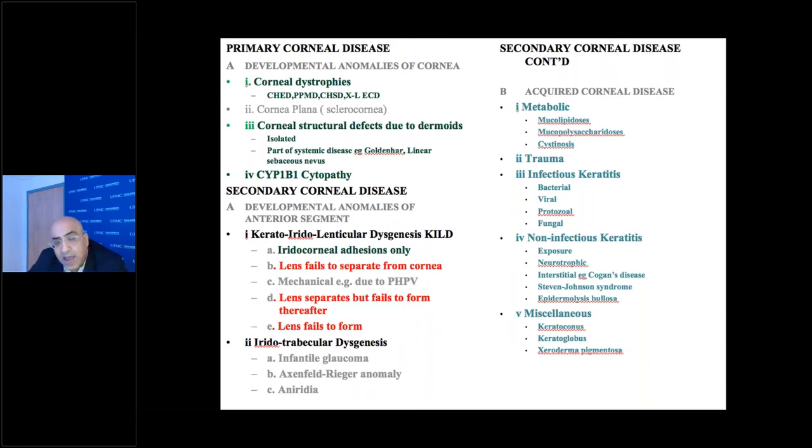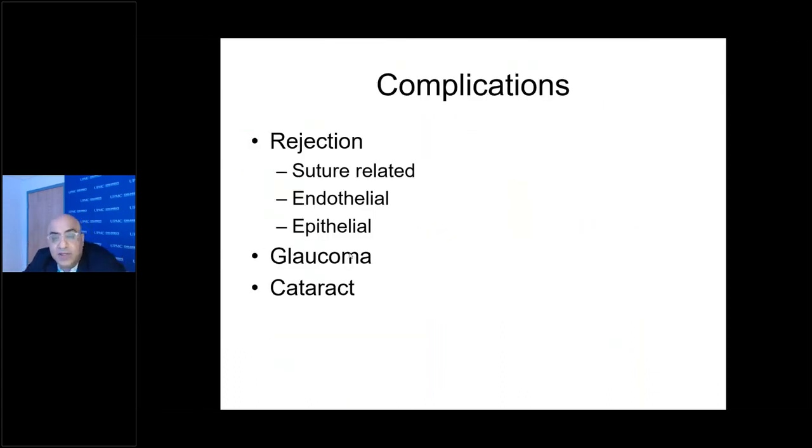So at this moment in time, I'm reluctant to pursue corneal transplant, though in the two that we have done recently, the eyes have not gone soft or been lost, which is, of course, good news. So I want to now go on to complications.